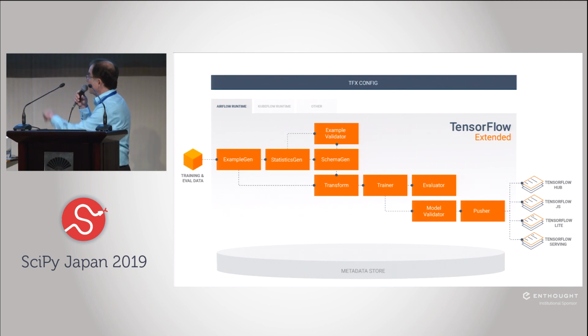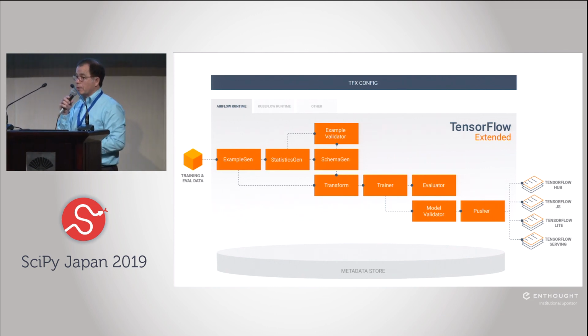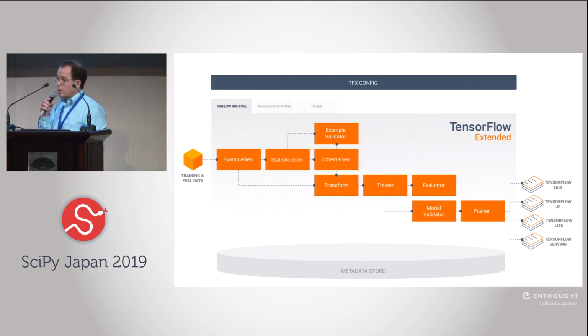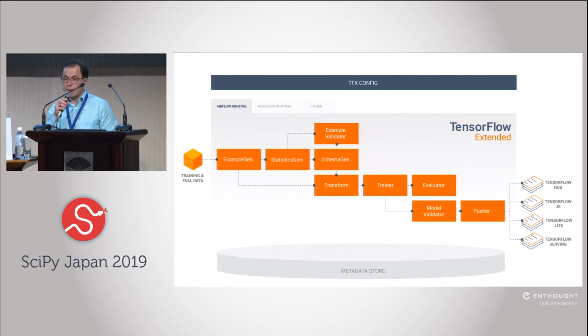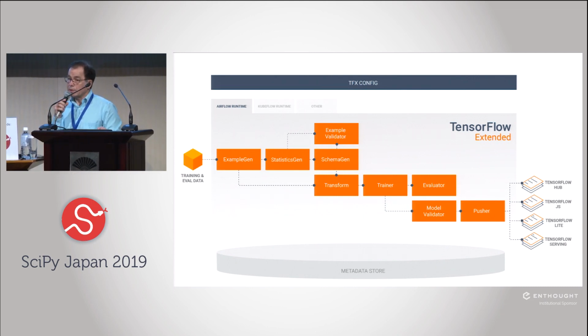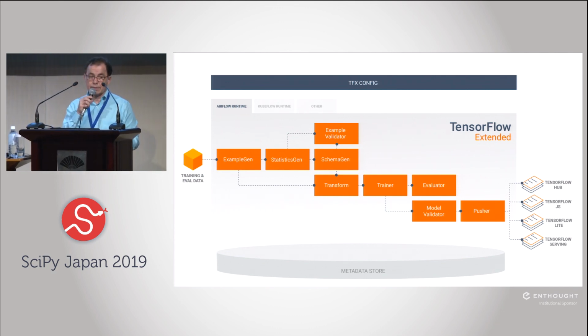And then you're going to do feature engineering with Transform and train your model with Trainer and evaluate the results of your training with Evaluator. And then decide, is my new model better than my old model? And if it is, I'll push it to production. And if it's not, I won't. And that's what Model Validator does.